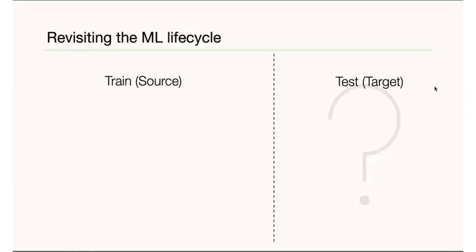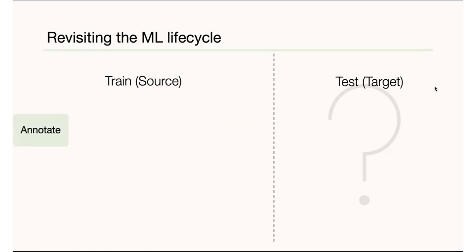Right, so to make that more concrete, I think it's useful to revisit the machine learning lifecycle. You have a train domain where you collect and label data and train a model, and you deploy it in the wild in a test domain or a target domain, which is unknown a priori.